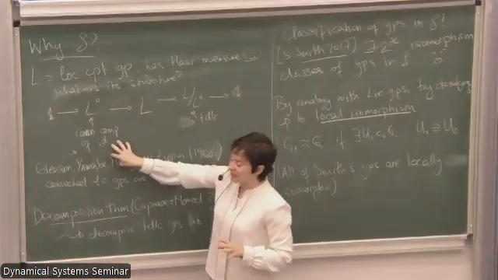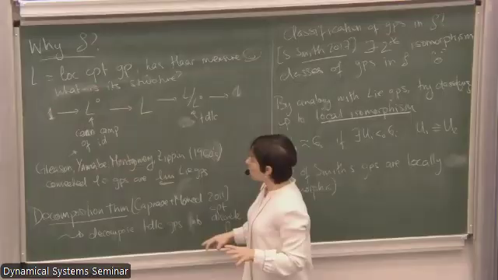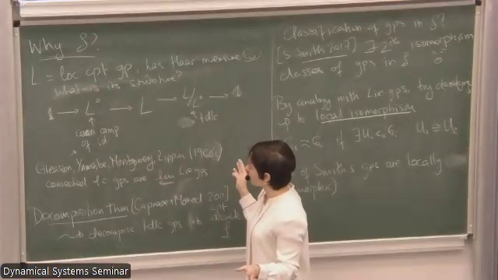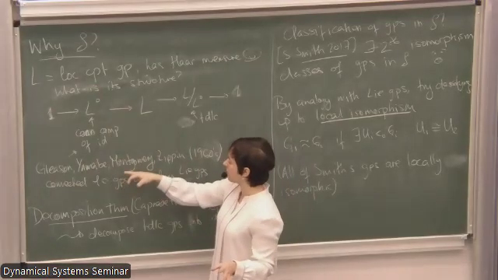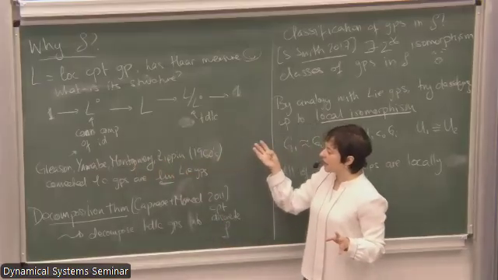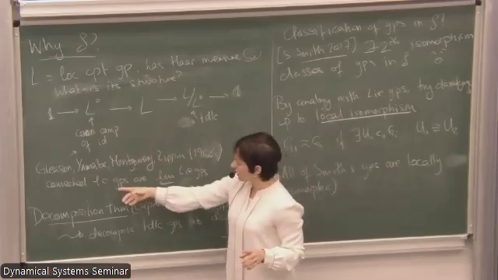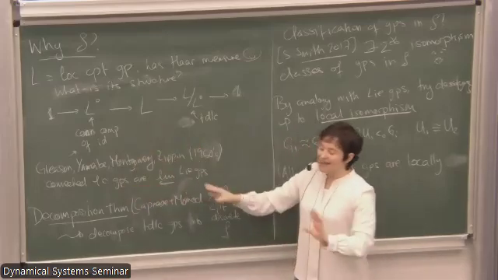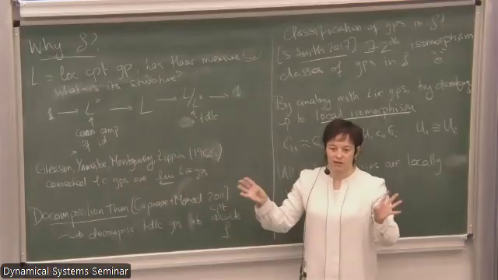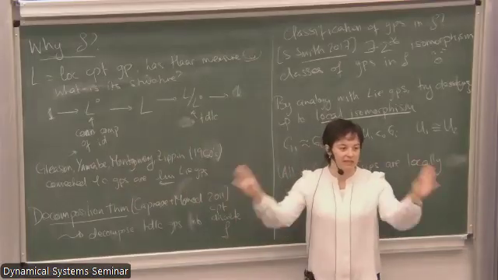What do we know about the connected groups? Well, we know, thanks to the work of lots and lots of people, but I think I really need to mention Gleason, Yamabe, Montgomery, and Zippin, who did work in the 1950s, that connected locally compact groups are essentially Lie groups. They're projective limits of Lie groups. And if you're scared of projective limits, just think basically Lie groups.